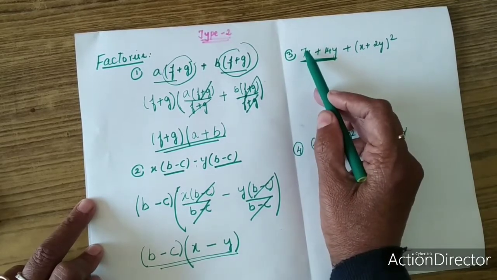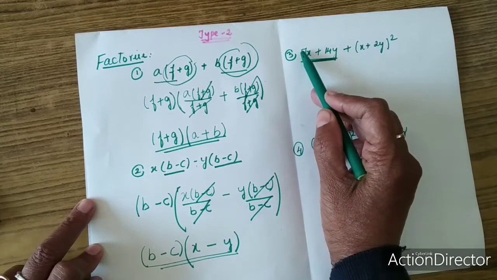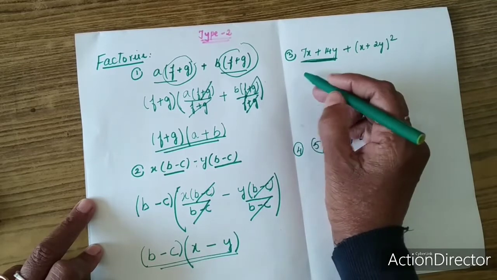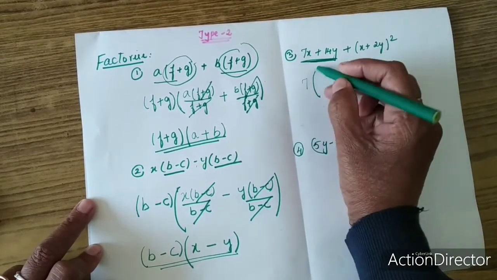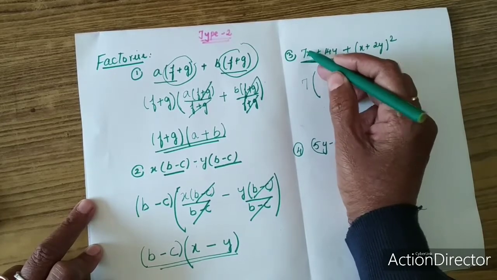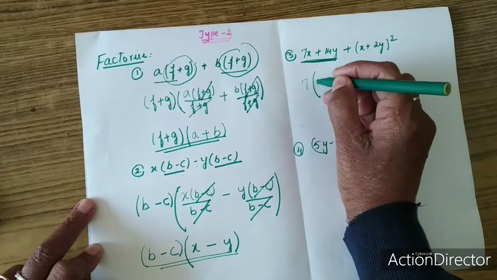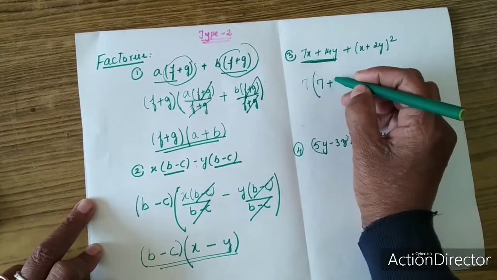As we did in the previous exercise, while combining these two terms, let me find the HCF of the numbers 7 and 14. The HCF of 7 and 14 is 7. And inside the second bracket each term will be divided by the HCF. So 7x divided by 7 will be x, and 14y divided by 7 will be 2y.